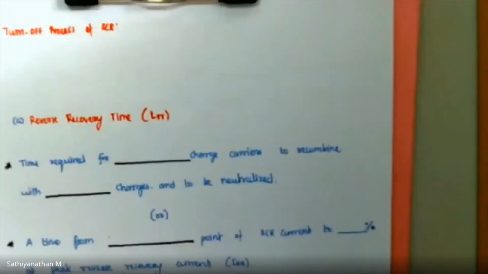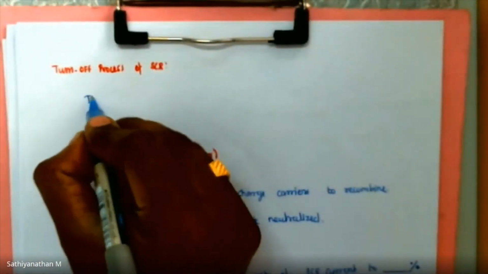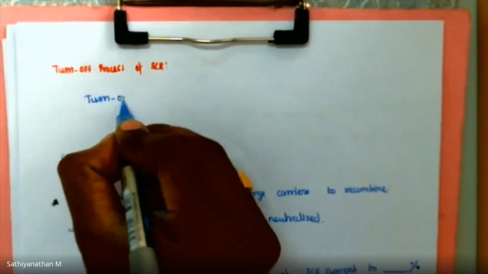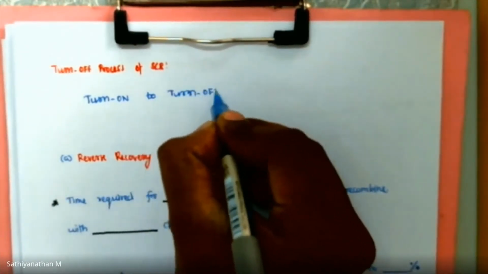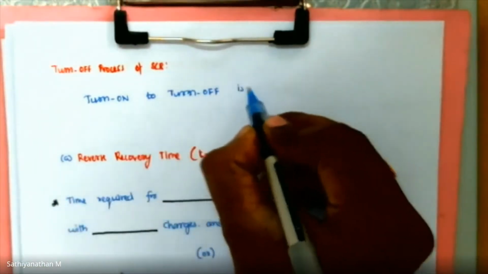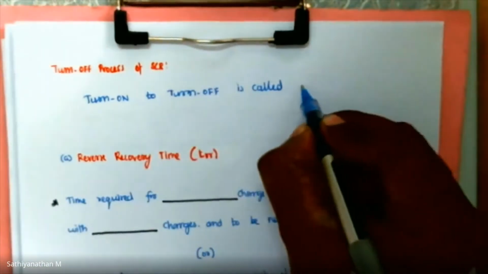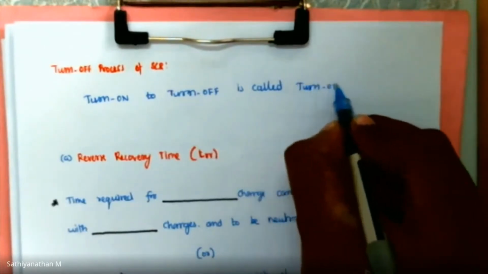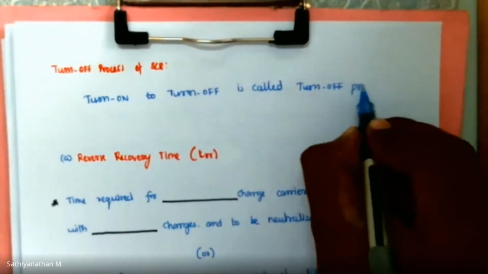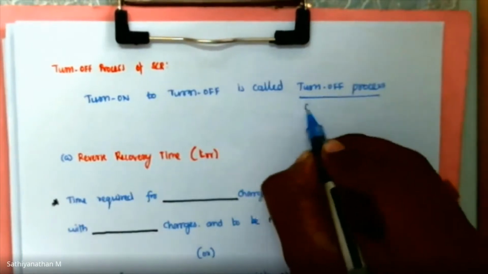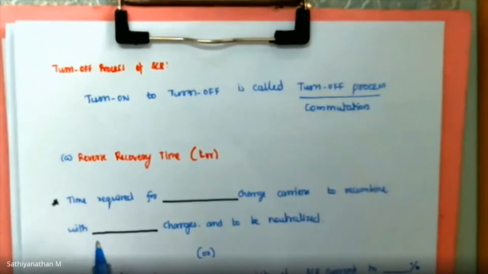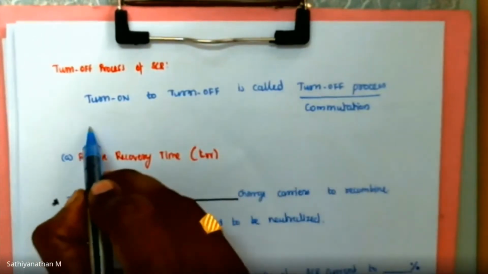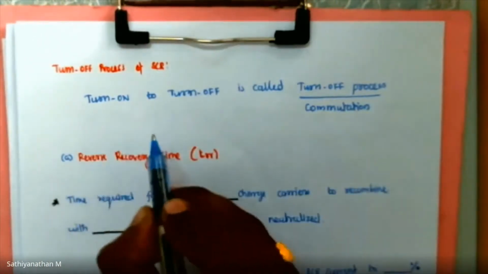The switchover from turn on to turn off is called the turn off process or commutation process. The time taken by the device during this time interval is called the turn off time.